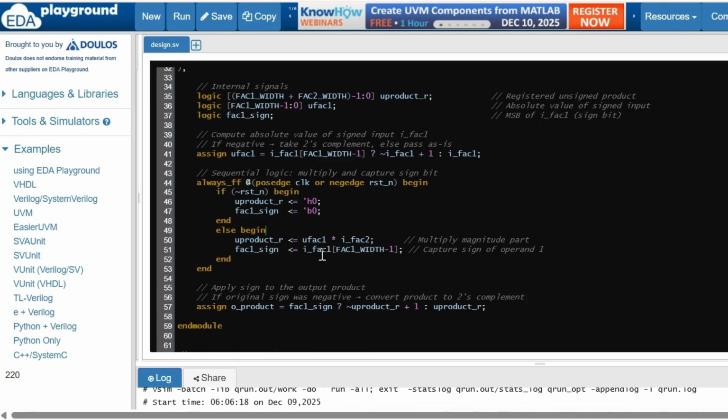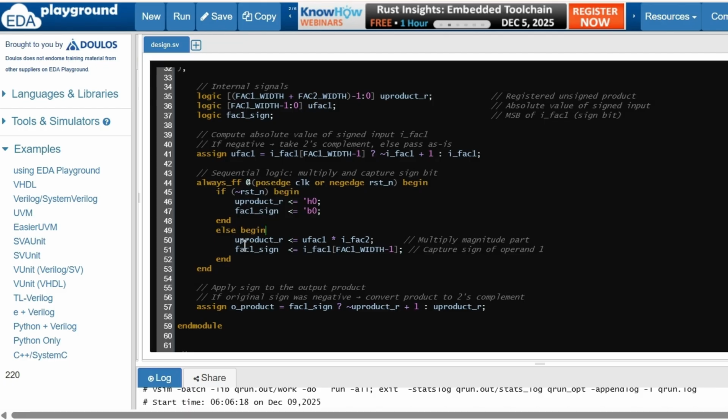Else, our unsigned product would be unsigned factor 1 multiplied by the input factor 2, and here we register the sign bit of our first signed input, which is factor 1. So the MSB of input factor 1 indicates the sign of input factor 1.